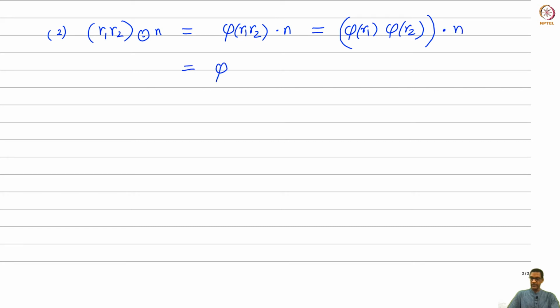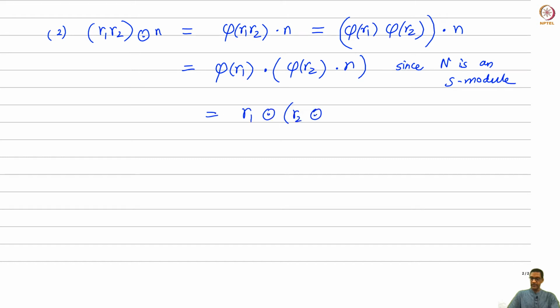How does the product act? Since N is an S module, that's what we need, because this is now r1 acting on r2 acting on n.